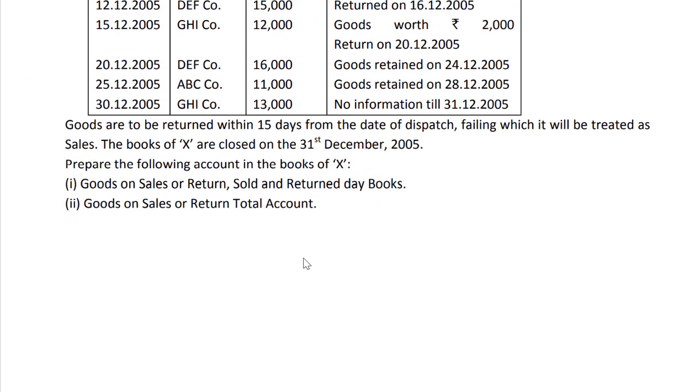Goods are to be returned within 15 days from the date of dispatch, failing which it will be treated as sales. The books of X are closed on 31st December 2005. Prepare the following accounts in the books of X: first, the goods on sale or return, sold and returned day book, and another account, goods on sale or return, the total account. Let us begin.